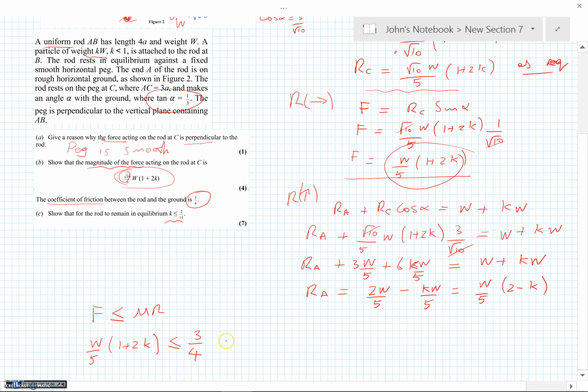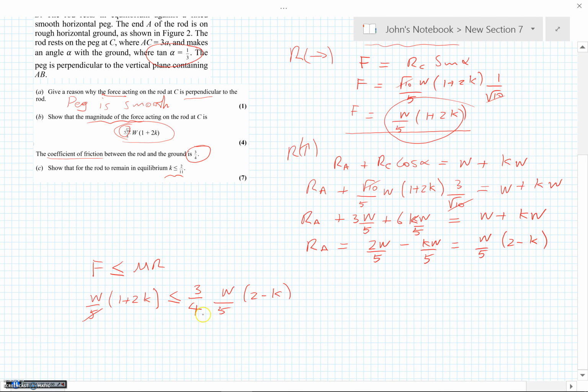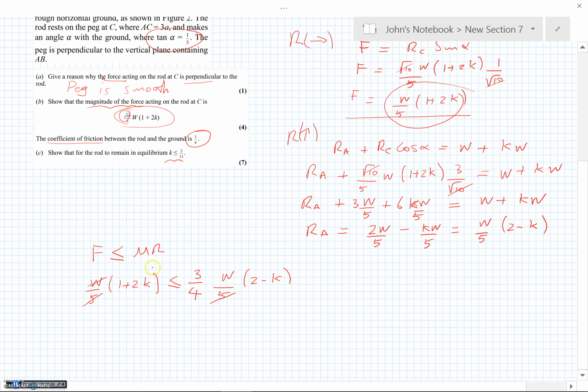And R, which is W over 5, 2 minus K. Right, I'm going to cancel the 5 and then multiply out, and W obviously cancels as well. We can multiply by positives with an inequality, no problem.